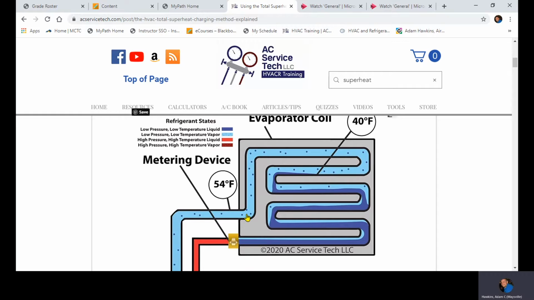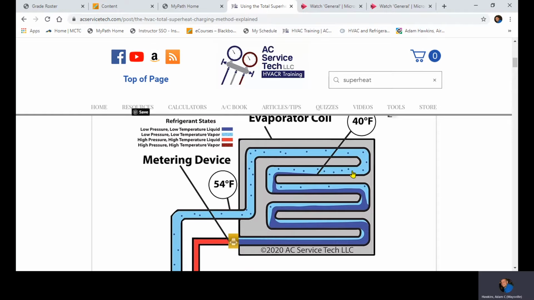That's not going to be perfect in every condition, but it will get you close. I don't think you'd mess it up too bad, but hopefully we'll learn more beyond that. At this point, let's just say that we want that superheat to be 8 to 10, 12, 14 degrees at the most.